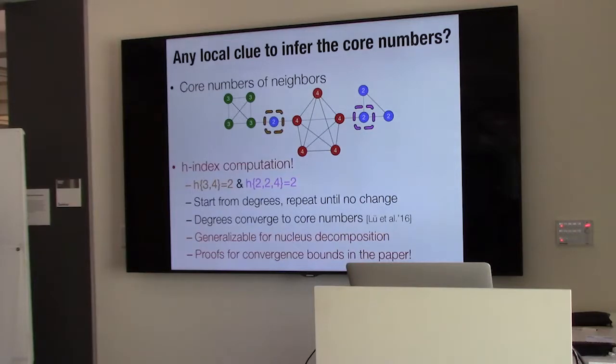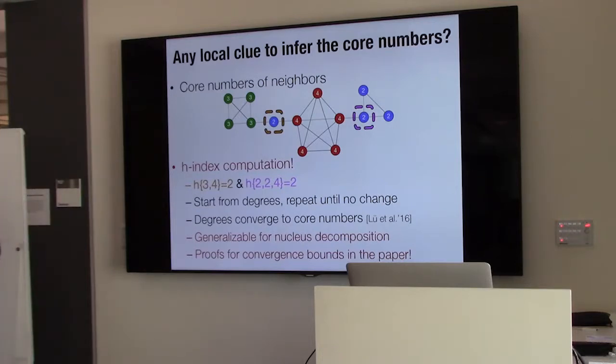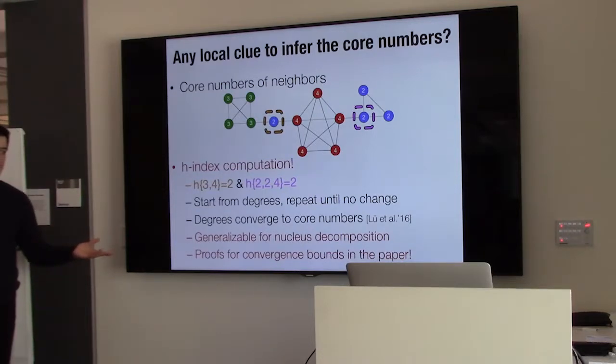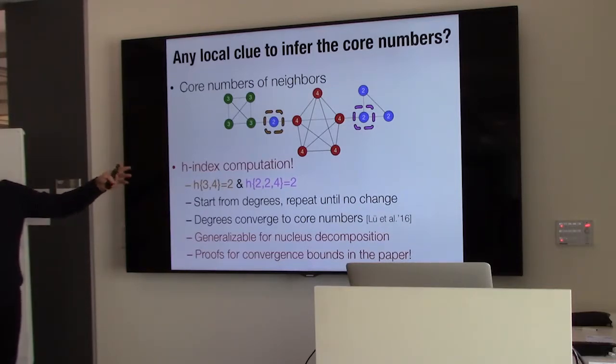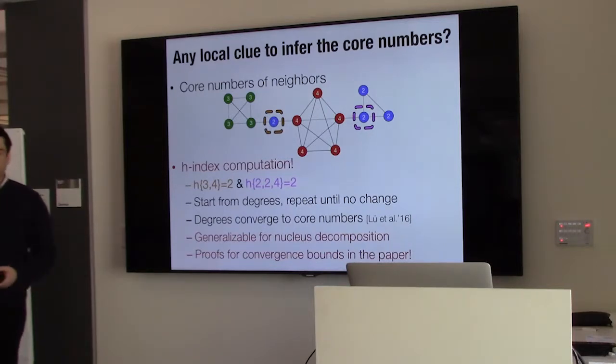And there are some convergence proofs for that. The thing we observed here is, since we have a general framework for nucleus decomposition that unifies the k-truss and the other decompositions, you can generalize this for trusses or higher orders. The convergence bounds in the literature are talking about very natural things, like the number of nodes is one bound that you can define very loosely.